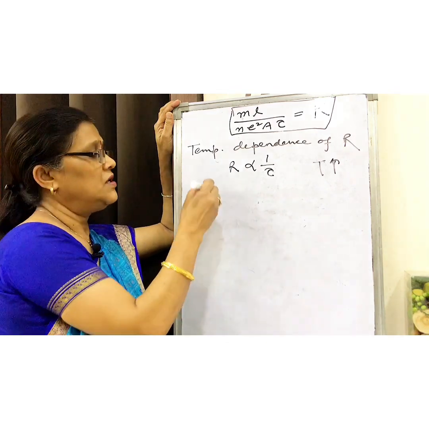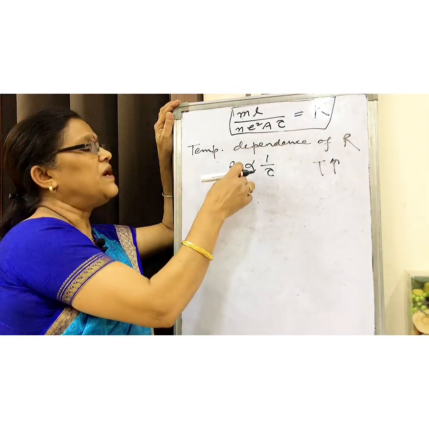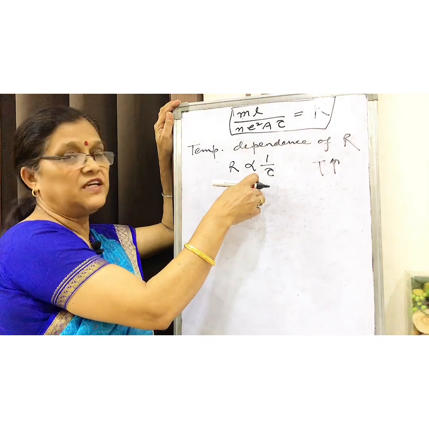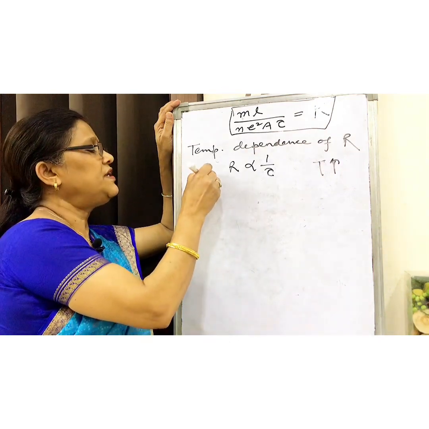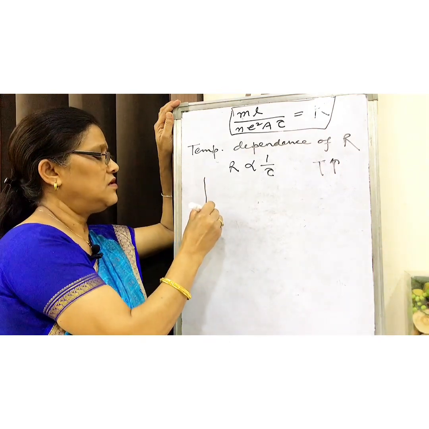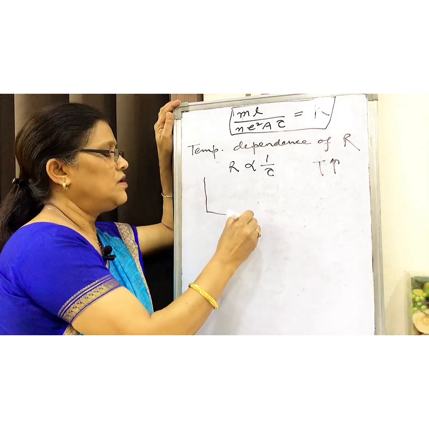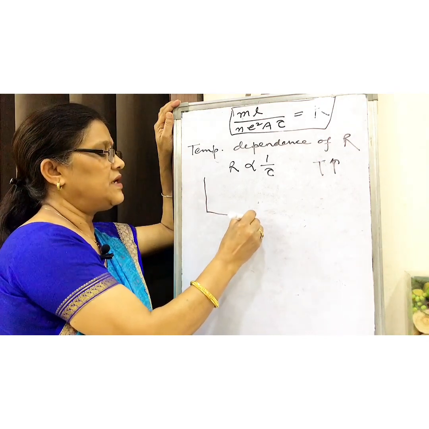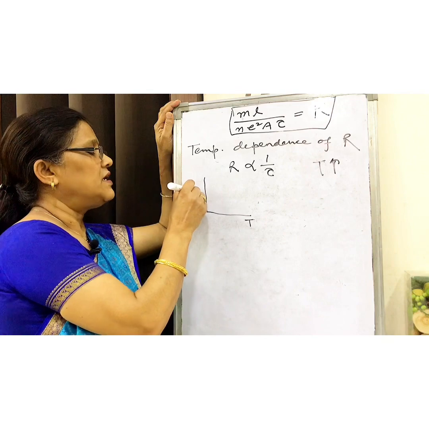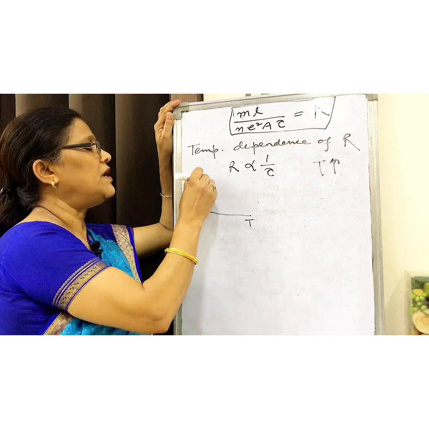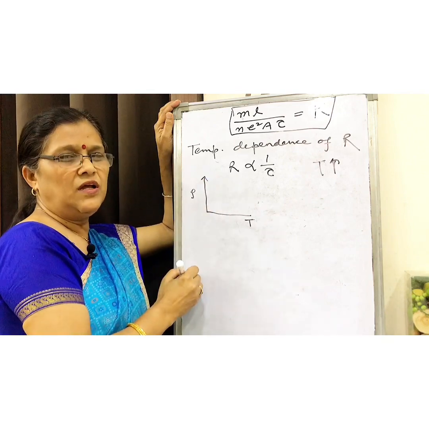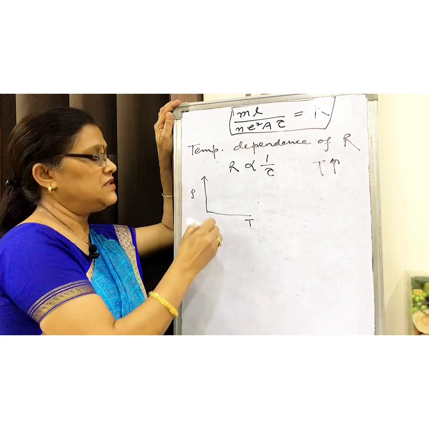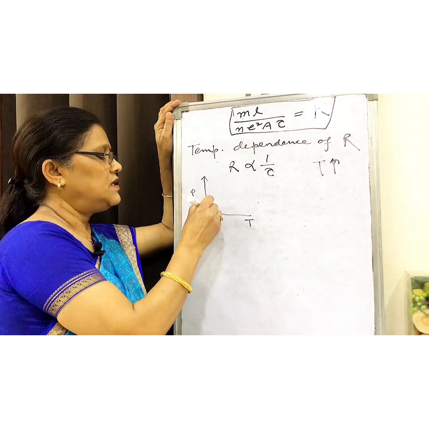Now, if we apply the same for resistivity, it is shown that if you take temperature on the x axis and resistivity on the y axis, then in case of metals, this is the graph.